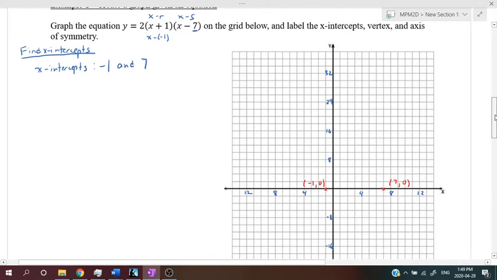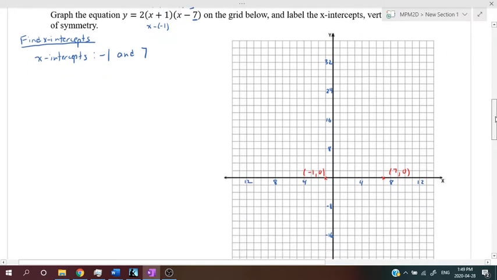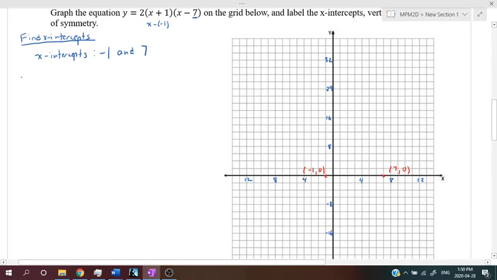We want to find the vertex and the axis of symmetry. So let's find the axis of symmetry. Now let's think for a minute about what an axis of symmetry is. Axis of symmetry is just that imaginary line that cuts a parabola exactly in half right down the middle.